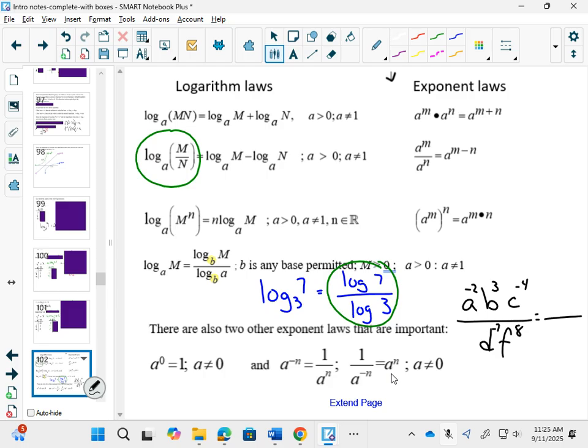So wherever things were positive, like the B cubed and the F to the 8, they would stay where they are because they're already positive. But the A squared could move down here, and the C to the 4 could move down there, and the D to the -7 could move up there, and change all your exponents to positive. We will be using positive and negative exponent rules a lot.